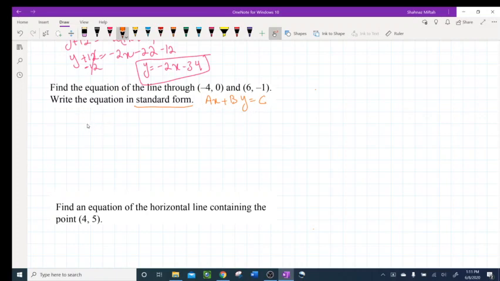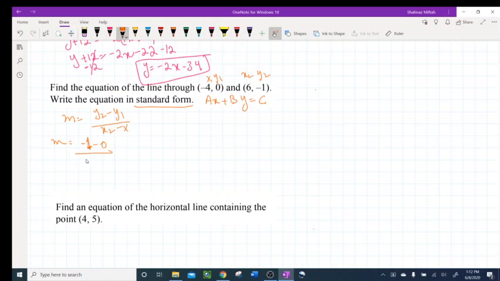Okay, let's try. If this is the case, I'm going to find slope first. M equals y2 minus y1 over x2 minus x1, and that's our slope formula. And make sure you label your ordered pairs. So my y2 is -1 minus 0, that's -1.